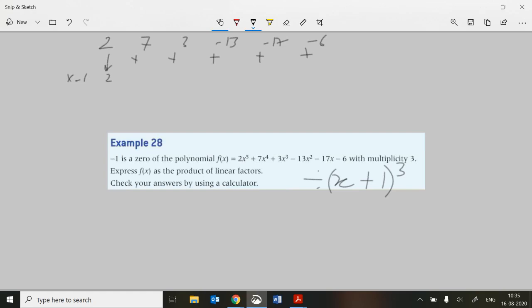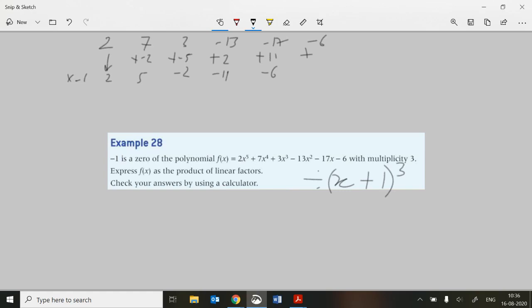Okay, now times by -1, and so we're getting here -2. 7 plus -2 is 5. 5 times -1 is going to go here. We're going to get the -2 here. -1 times by -2 gives us 2. Going to give us a total of -11. Times by -1 is 11. And then we can get -6 when we add those two terms together.